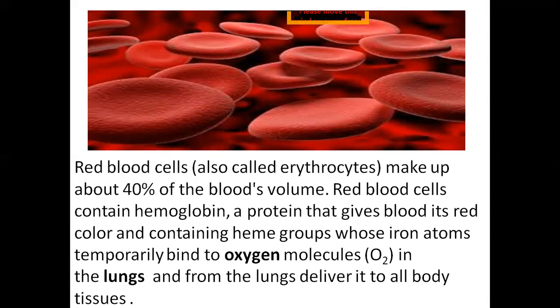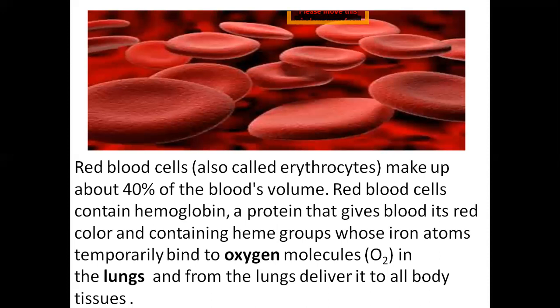So these red blood cells are also called erythrocytes. Now, as you can see, these red blood cells are red in color because they have a special protein present in them that is called hemoglobin. Okay? And in this hemoglobin, there is a heme part also. Heme means iron, you know, iron atoms are also present in it.